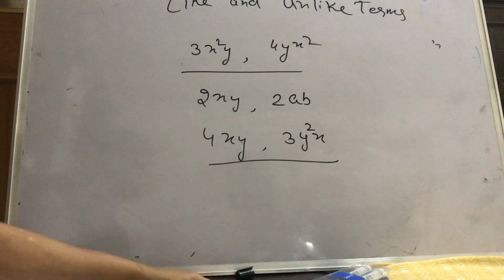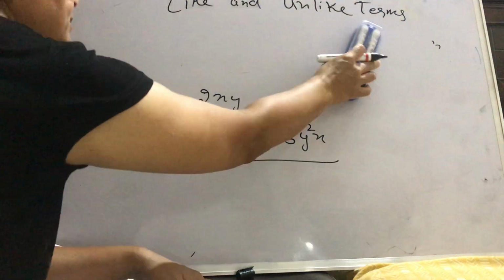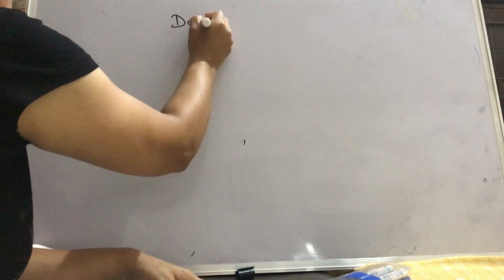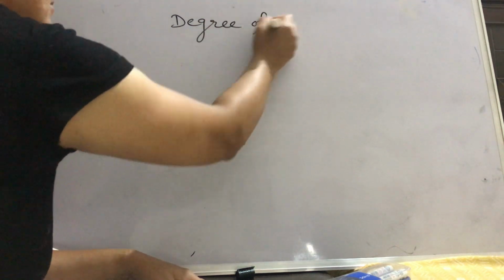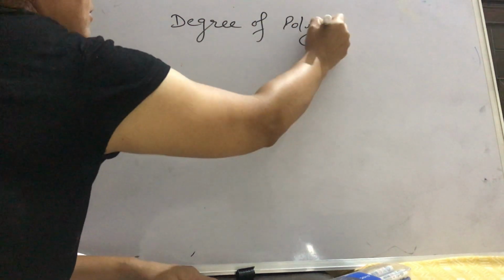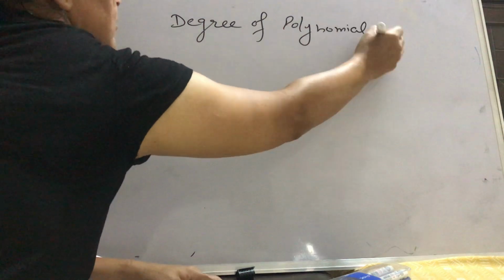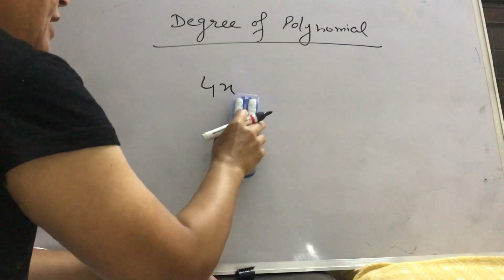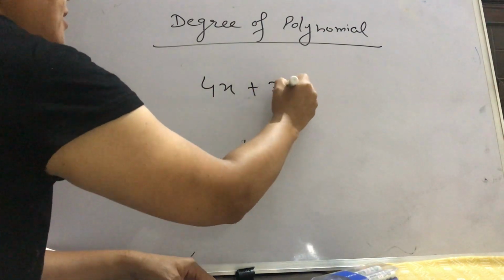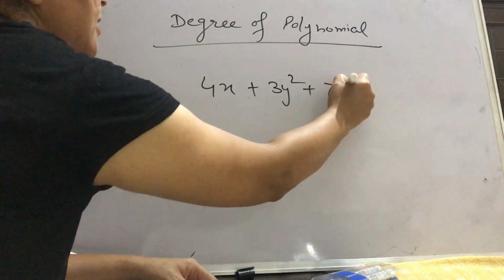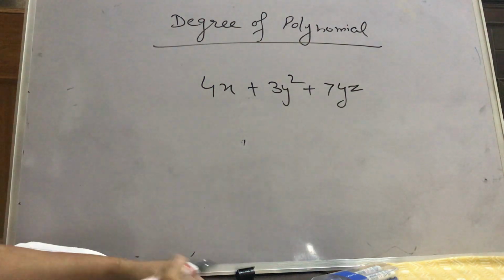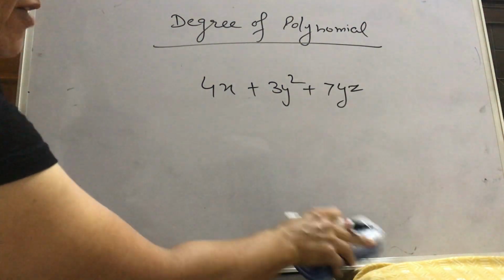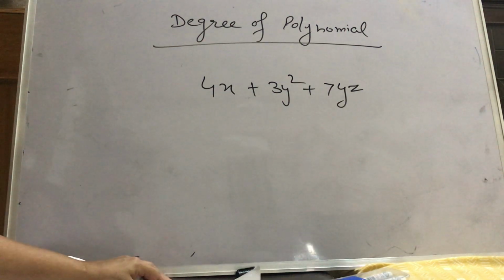After that, the degree of the expression. As we have the expression 4x plus 3y square plus 7yz. This is the expression. This expression is having three terms.